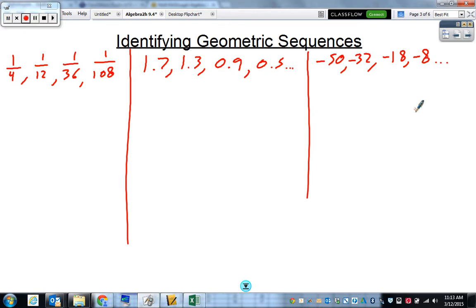Now, if you want, you can pause the video real quick and try to solve these on your own, and then push play to see what we get. So if you want to pause the video, fine. If not, I'm going to go ahead and work through these real quick.